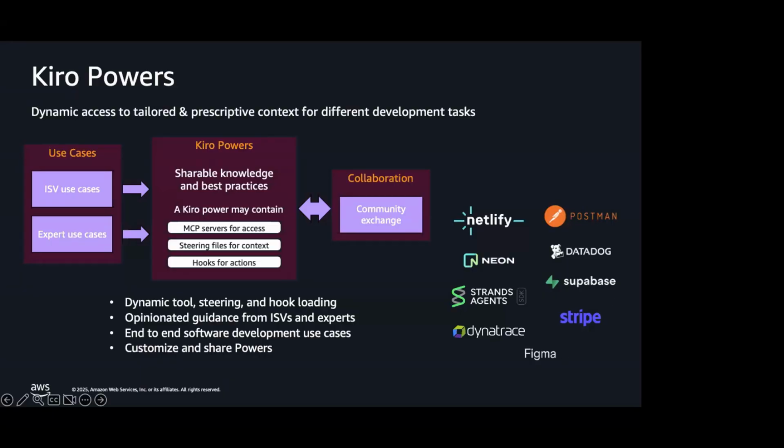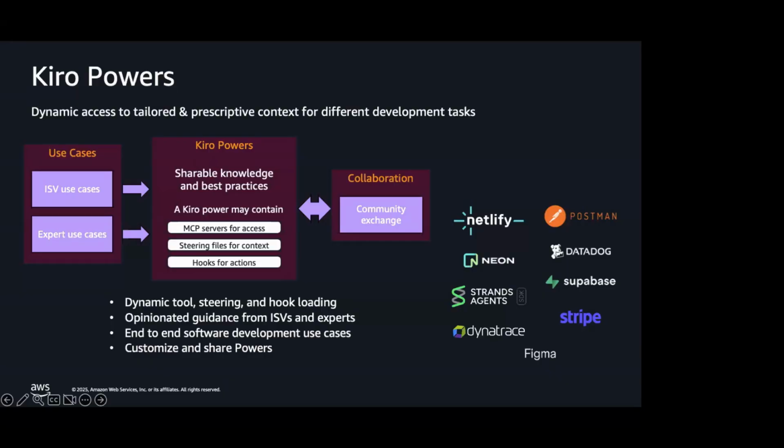But even the smartest teammate sometimes requires access to specialized knowledge, right? And that is what Kiro powers is. Think of a Kiro power as a shareable knowledge package, something which you can just plug in and out.